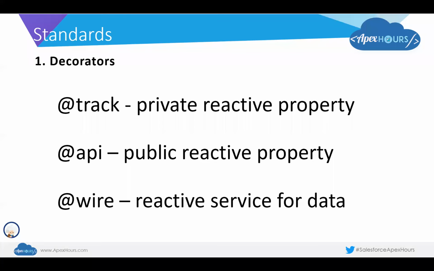All right, now these standards actually break our rule a little bit. These are actually Lightning Web Component specific decorators. Now, I don't know if decorators actually got approved. They were fairly recently proposed, but I think they were in approval mode. But decorators add platform-specific features to JavaScript code.